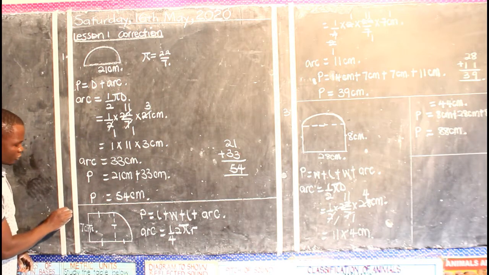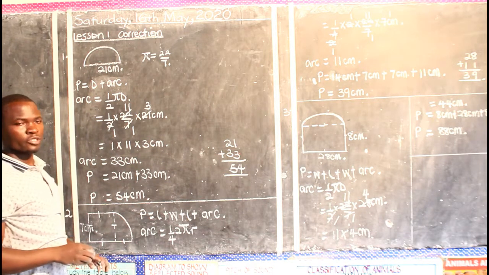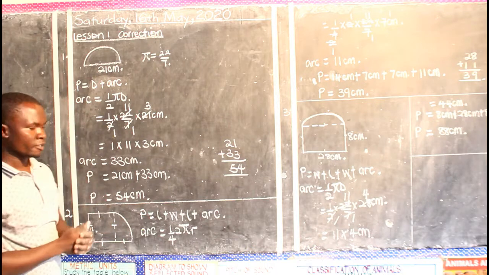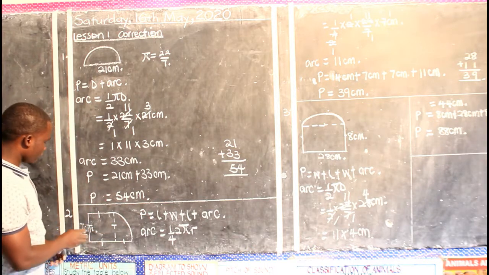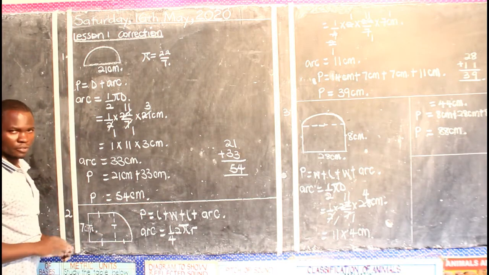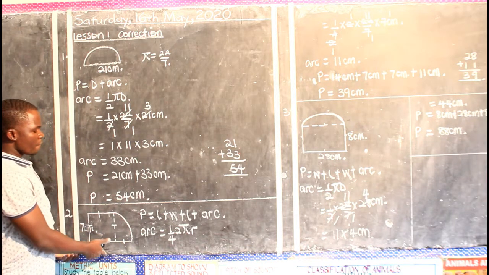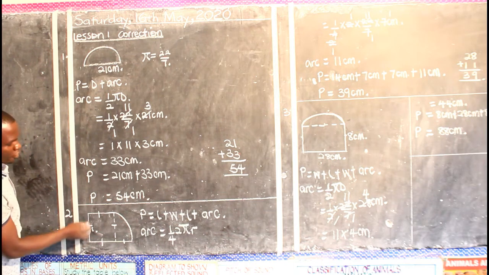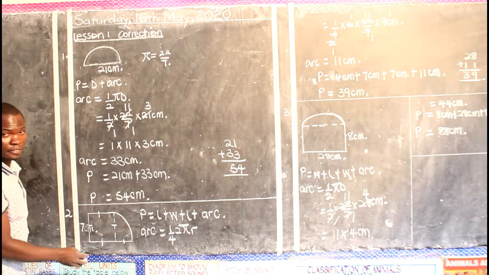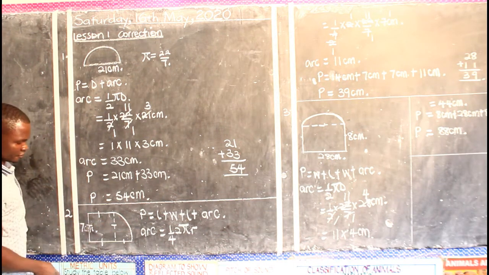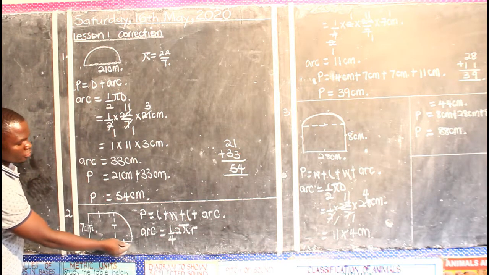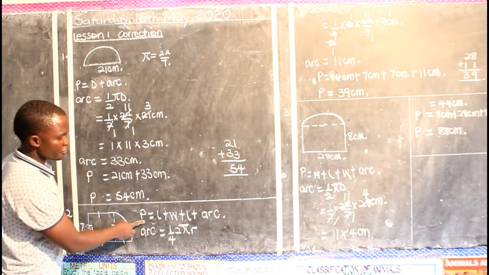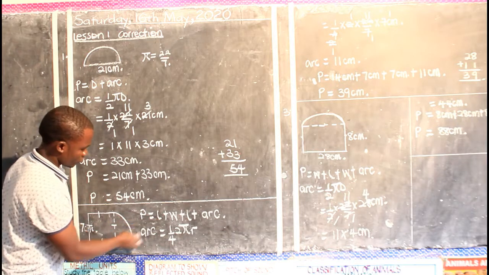Then we shall come to number 2, where some of you say that we need some more clarification. We have this figure. This is a square and we have a quadrant. But we are looking at the sides. When you are looking at this perimeter, we say perimeter equals length. Where is the length?